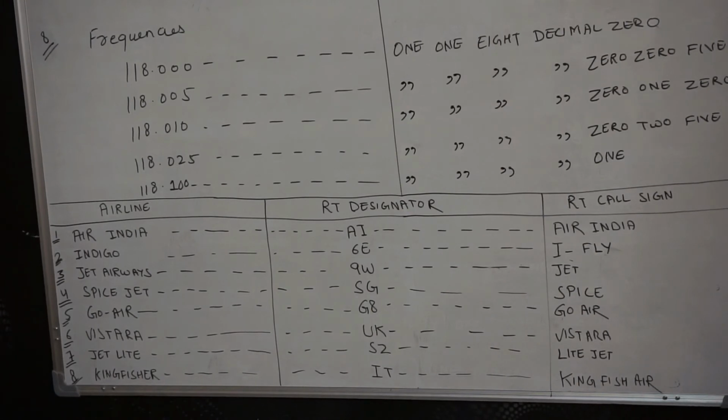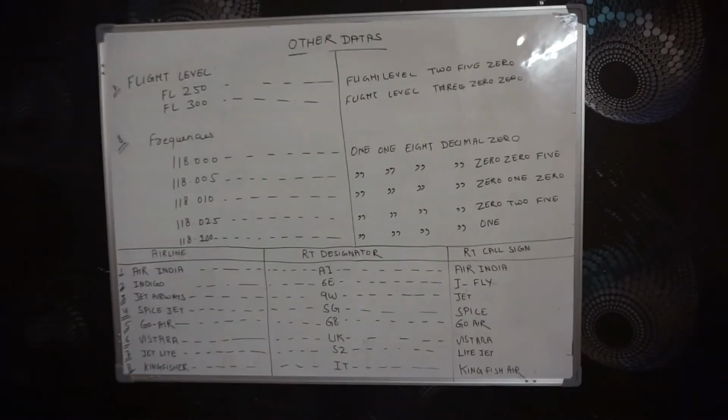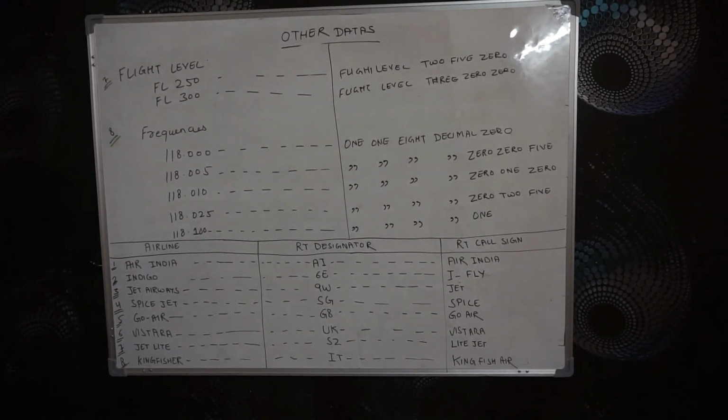So this is all the remaining part which was left. All the parts have been discussed now. From here you can understand why I am saying flight level 250. This is the proper word to say. There is a proper way to say or transmit everything: frequency, flight levels, RVR, visual range and visibility, cloud height, altitude, everything.